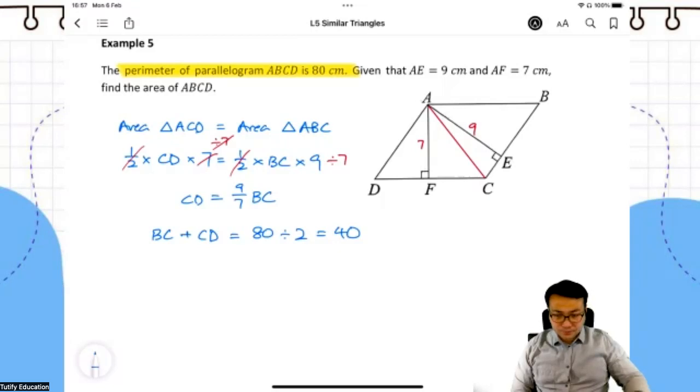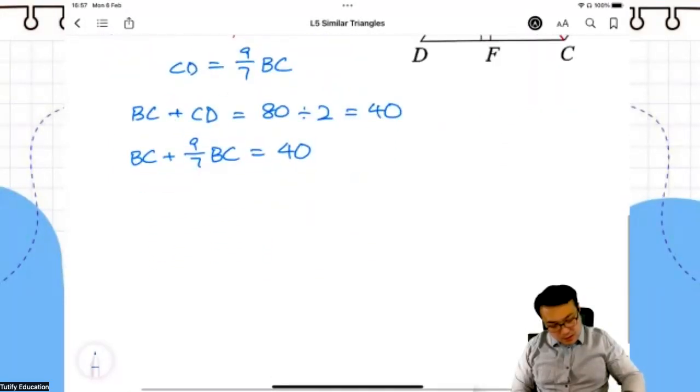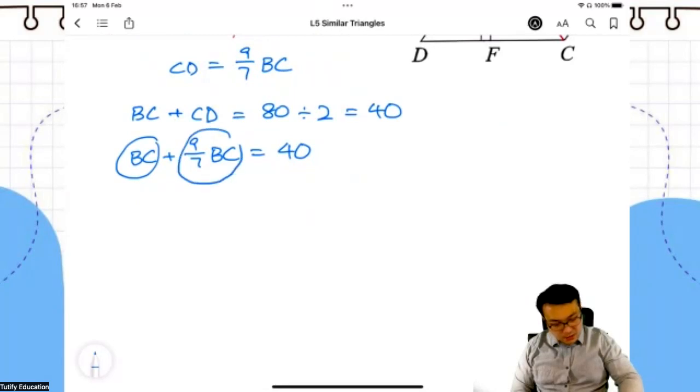Now, we already know that CD equals 9 over 7 of BC. So let me write it down. BC plus 9 over 7 of BC equals 40. Kaden, help me to add. What is BC plus 9 over 7 BC?